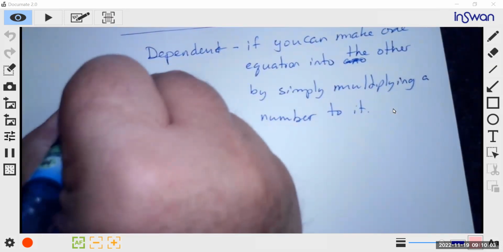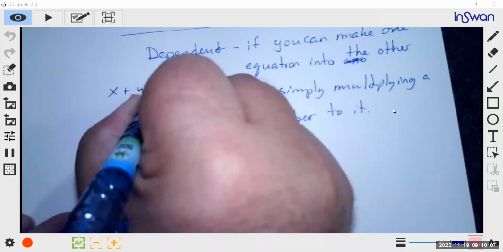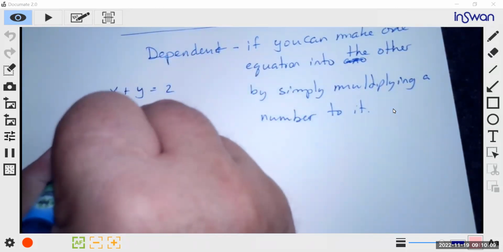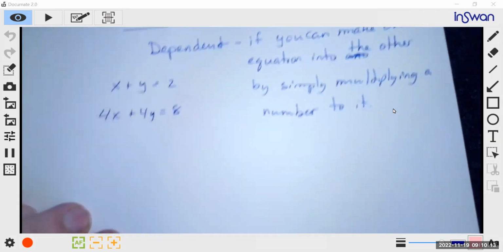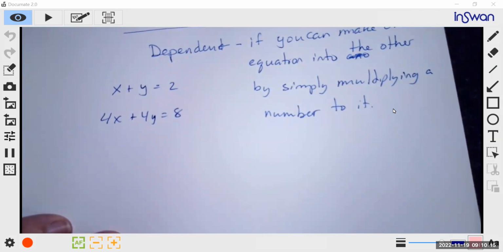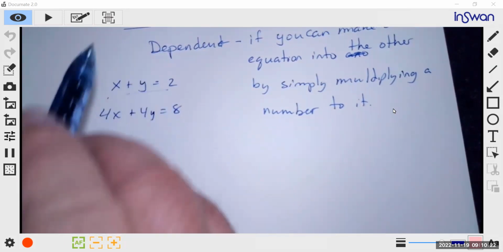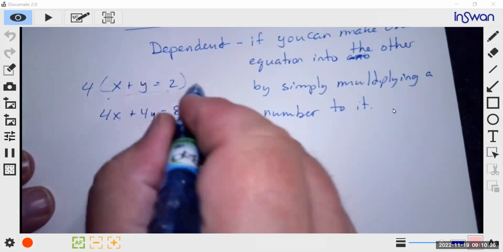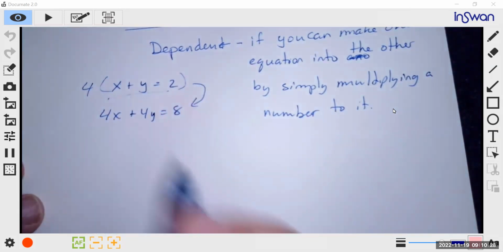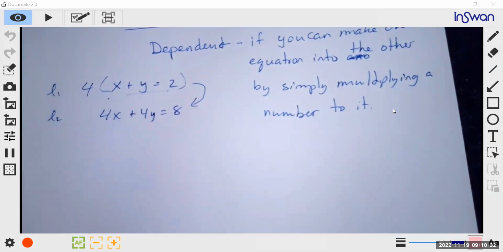Case in point. Here we have two equations. This equation is dependent because if I multiply by 4, then it'll equal the second. This is equation 1, equation 2. That's what we call dependent.